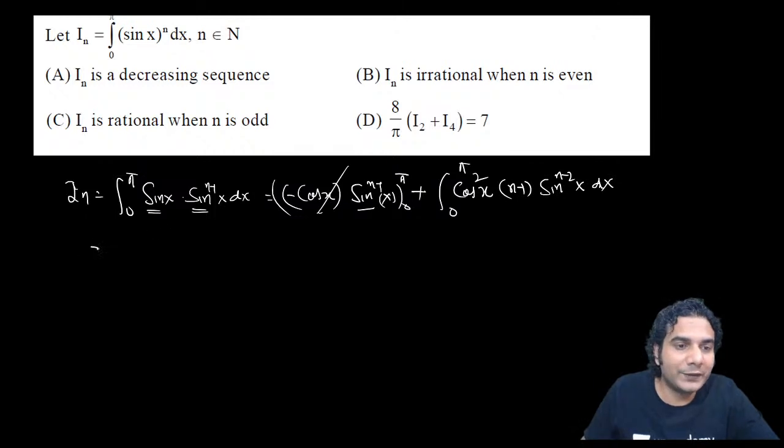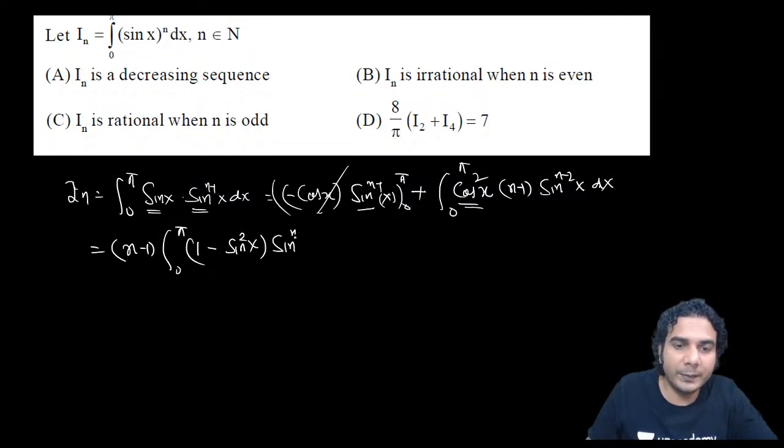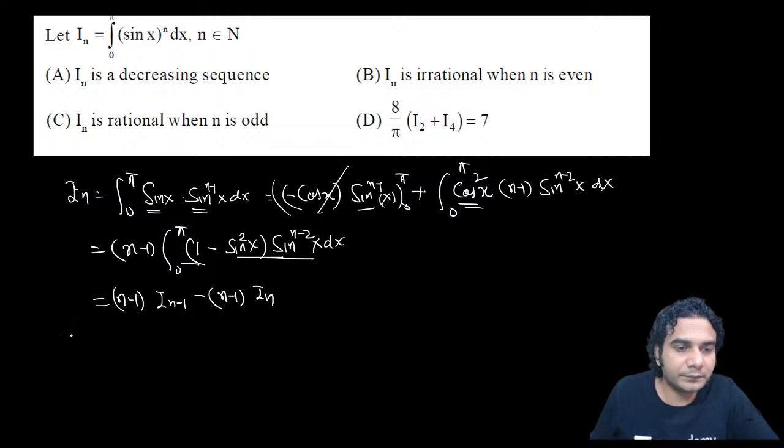All right? Now this cos square can be written as 1 minus sine square, so n minus 1, integral 0 to pi of 1 minus sine square. So complete procedure is same, the only difference is in limits as I told you, right? Now it is going to be n minus 1 into first term you'll get is nothing but I_(n minus 2), minus second term you'll get is nothing but I_n, all right?